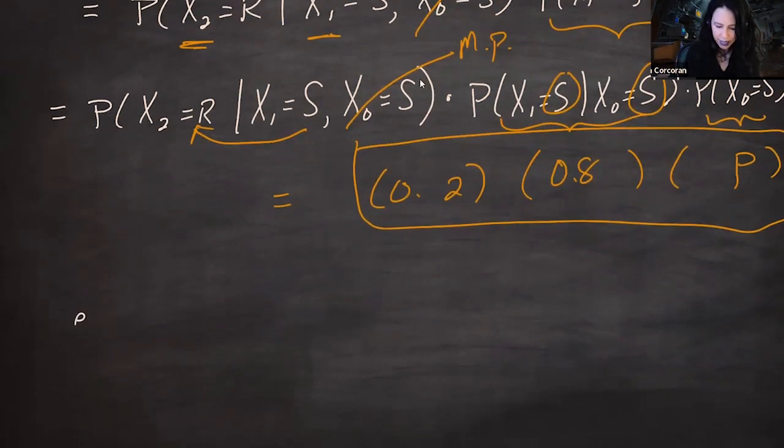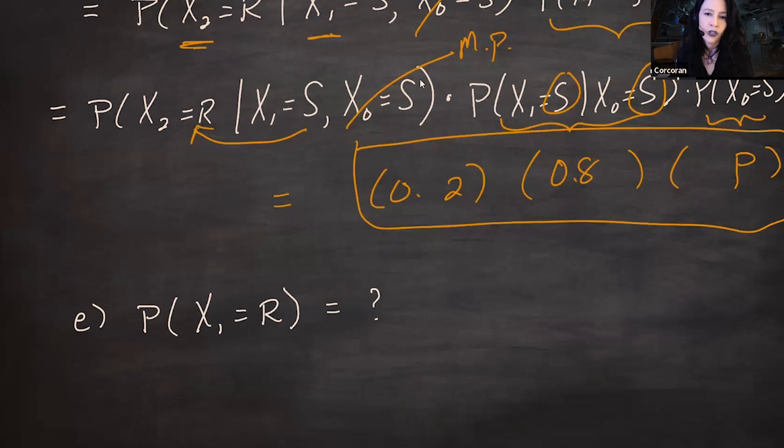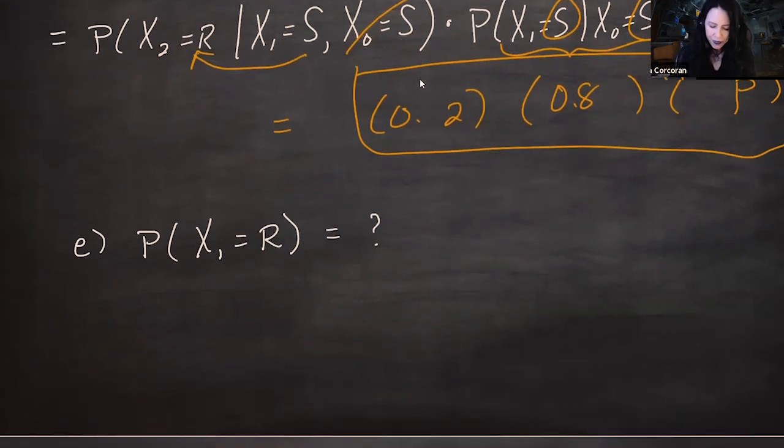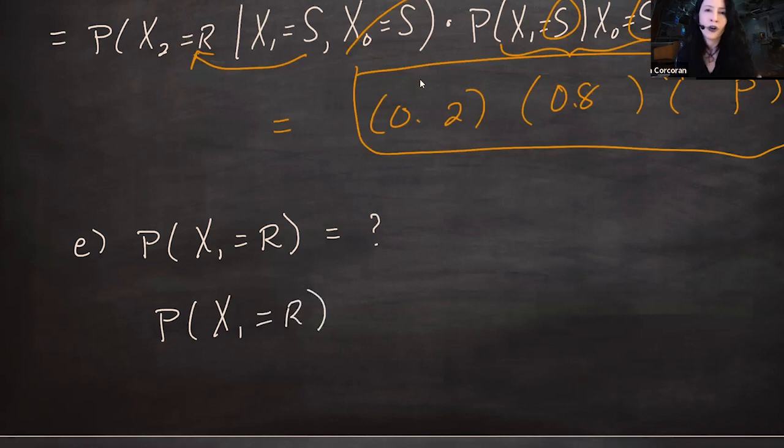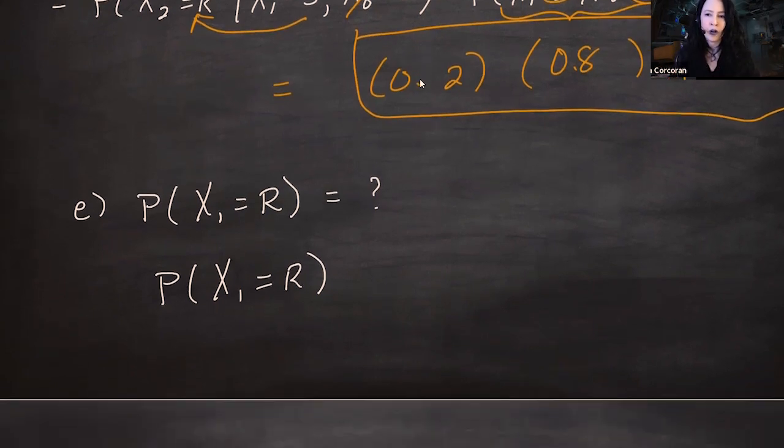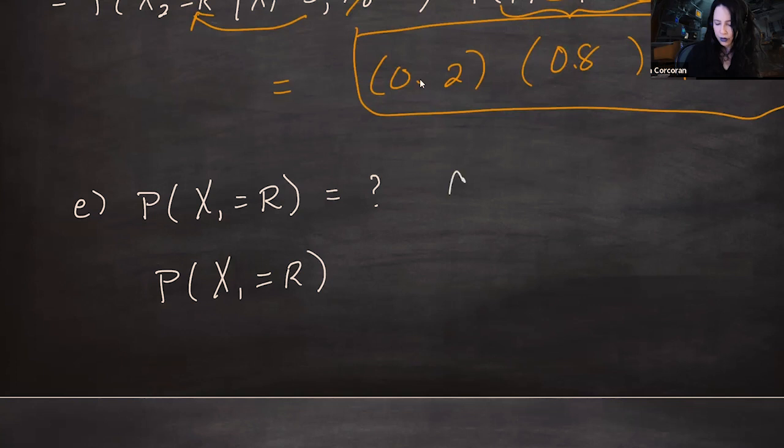So we are on E. What is the probability that X1 is rainy? Again, there's no transition here, but we can use the law of total probability. I don't really call it that in Markov processes. I call it conditioning on where we are at time 0. So condition on the chain at time 0.